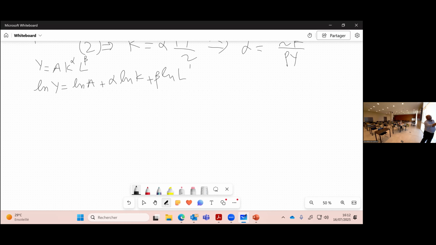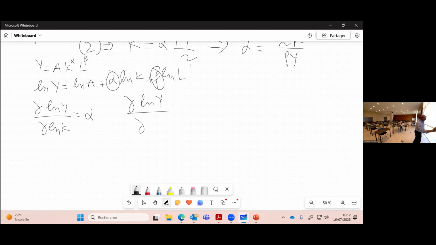We see directly that alpha and beta are elasticities, because the derivative of ln y with respect to ln K equals alpha, and likewise for the logarithm of the other factor. Sorry, this is L. So alpha and beta have another interpretation: they are the elasticities. This framework is generally used in a CGE model because it's easy to use.